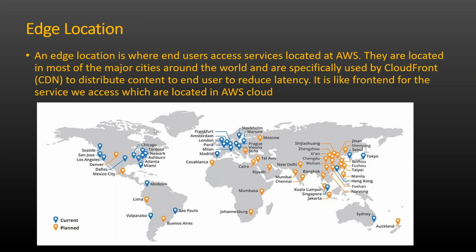Nowadays we are all accessing Netflix, YouTube, Prime Video, and we don't have to worry about latency, right? Wherever you are, if you have an internet connection, you are able to access them without any delay. But do you think the content that we are accessing is available all across the globe?